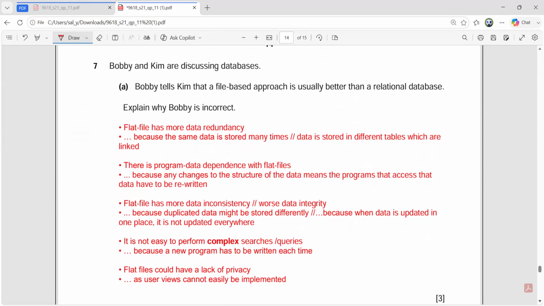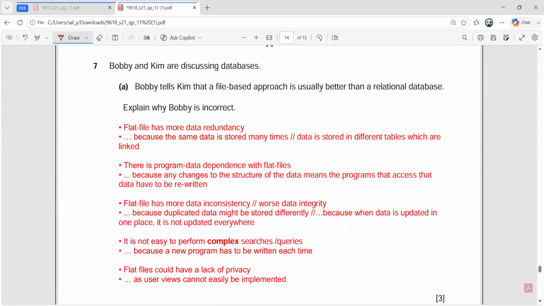If you have used the flat file and you have made any amendments in the structure, the data is affected, so you need to rewrite the program. But on the other hand, a relational model is completely not dependent in such a situation, and that is why it is a better choice.